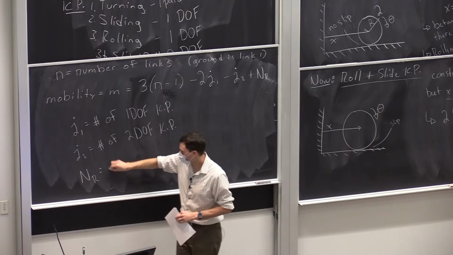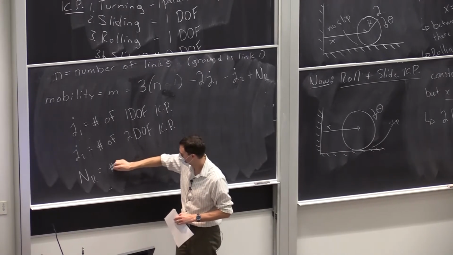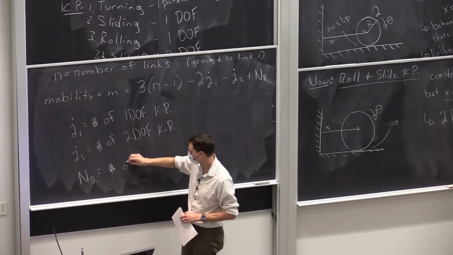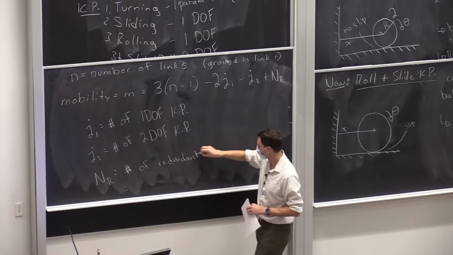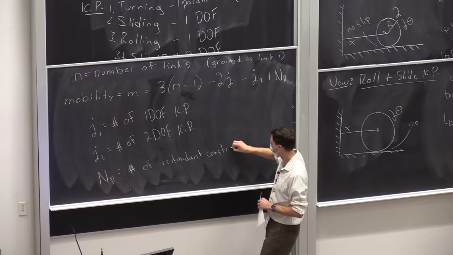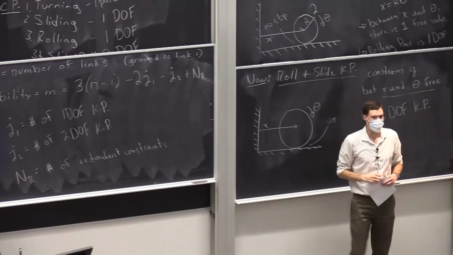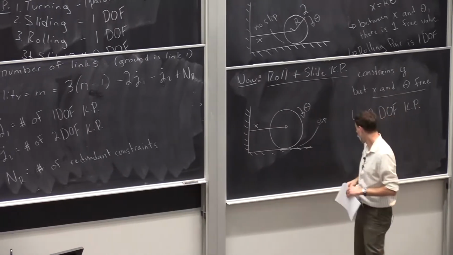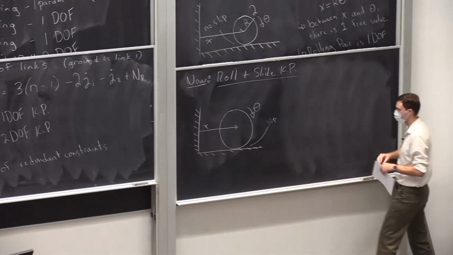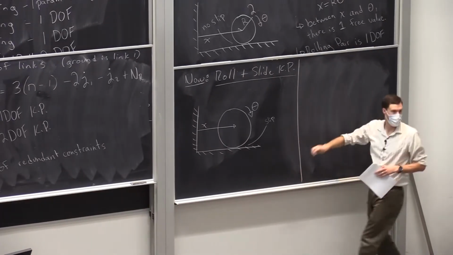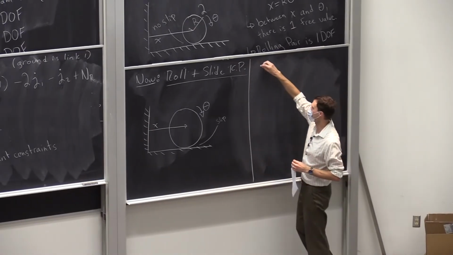And nr is the number of what we call redundant constraints. Redundant constraints. And basically, I'll give you a really basic example of a redundant constraint. And in the tutorial, Robin will show you some more examples, and I'll give you one more in the next lecture.